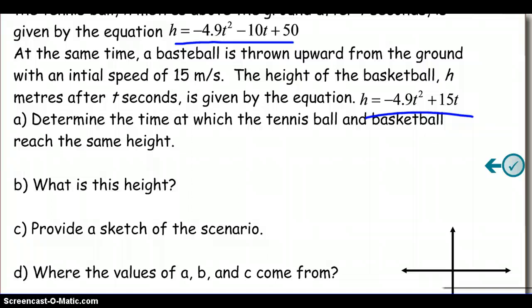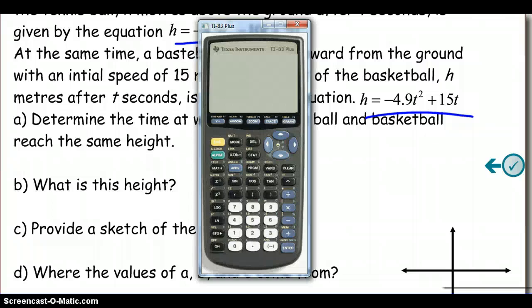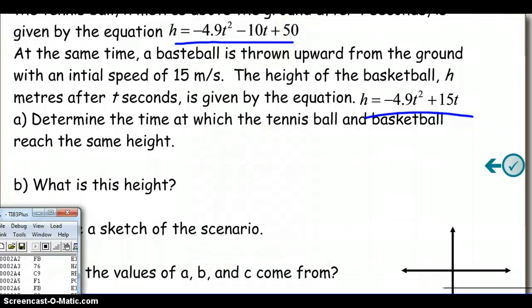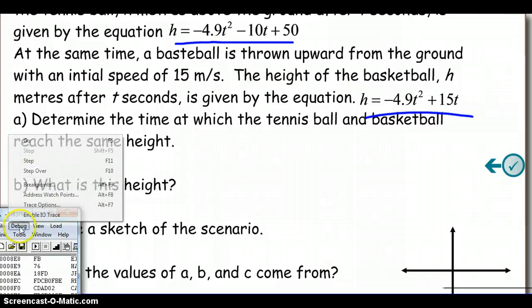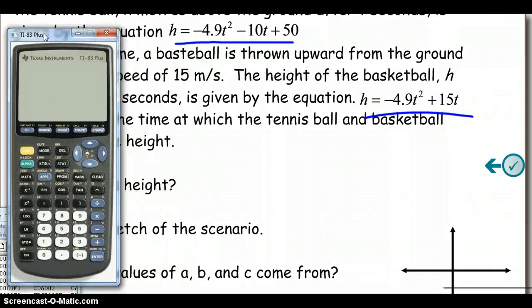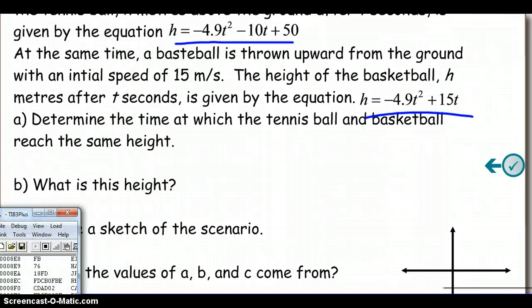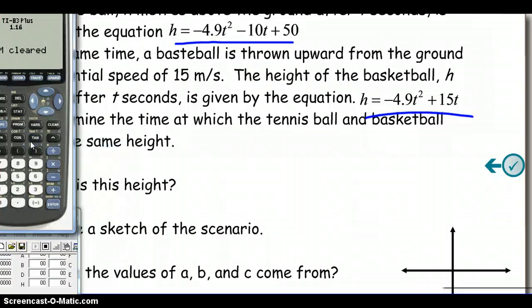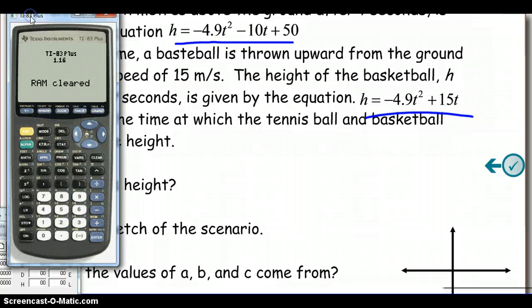So once again, grab your graphing calculator. Put in your y1 and your y2. So continuing on here, if I pull up my graphing calculator, I'm going to put my first equation into my y1.